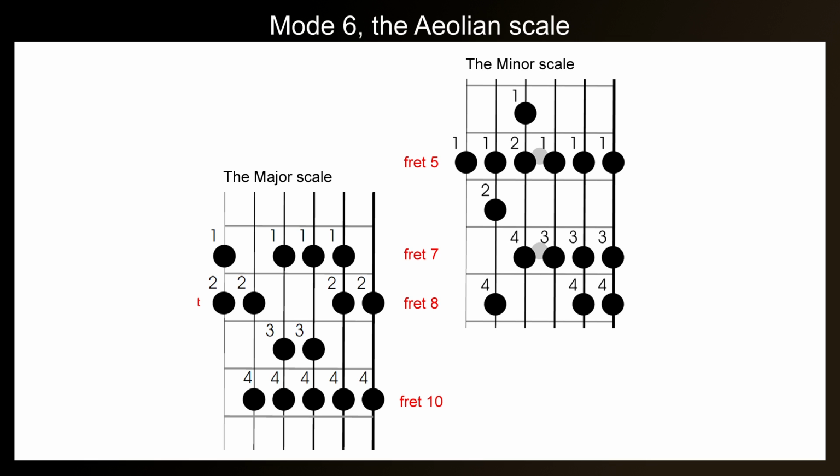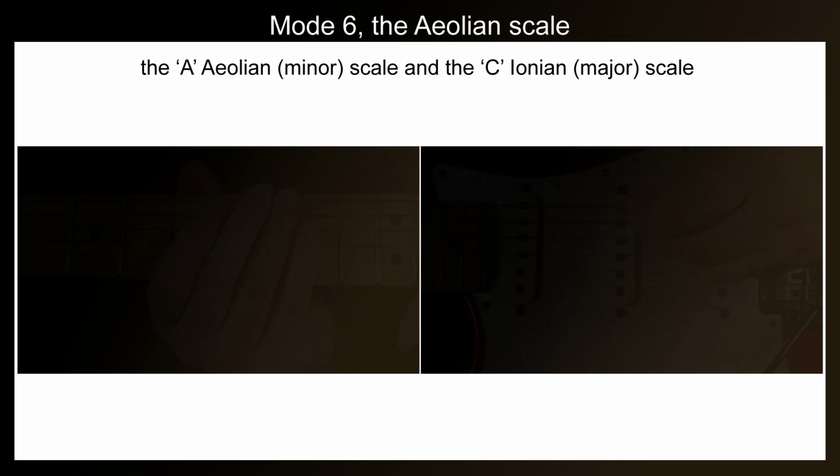We can demonstrate this by playing the C major scale and the A minor scale over the top of a backing track that's in C major. And if the scales didn't work together, you'd be able to hear it quite clearly.